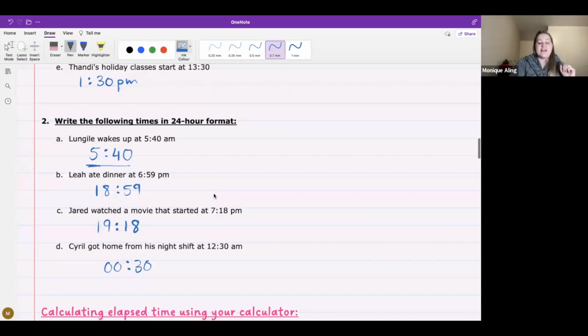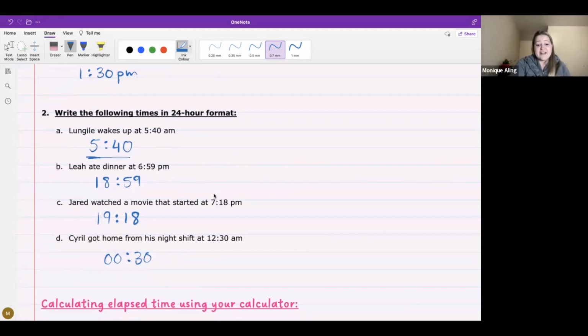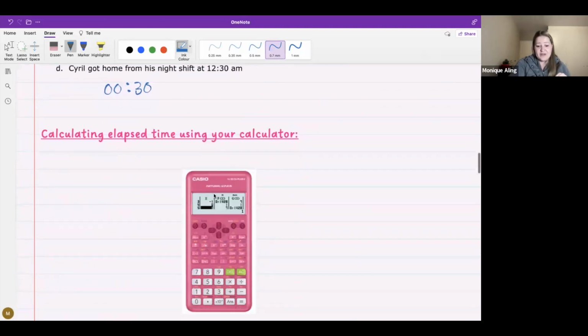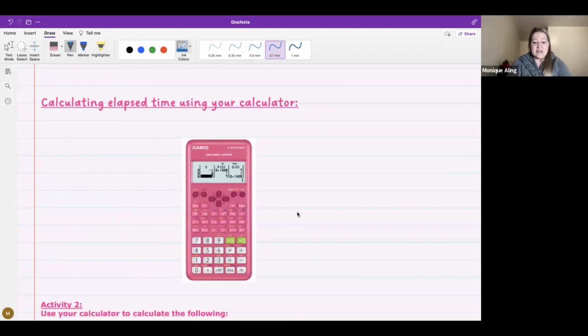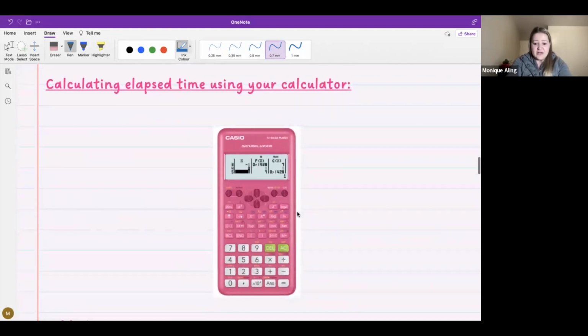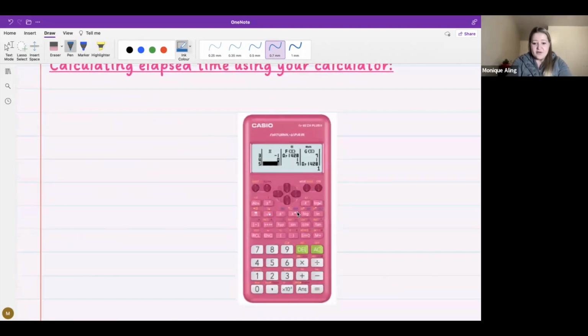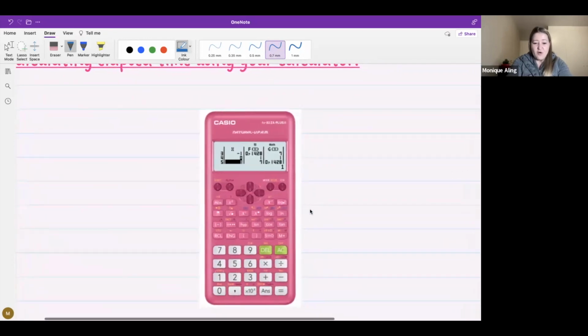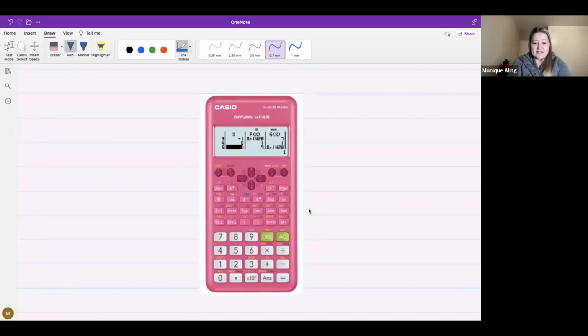Fantastic. Okay, so now we're going to learn how to calculate elapsed time using your calculator. I'm going to zoom in a little bit and show you this beautiful button that I call the time button. I have mentioned it before, but I wasn't sure if you all could find it. Unfortunately, I cannot bring an online calculator onto my screen, so I'm just going to have to show you a picture for now.